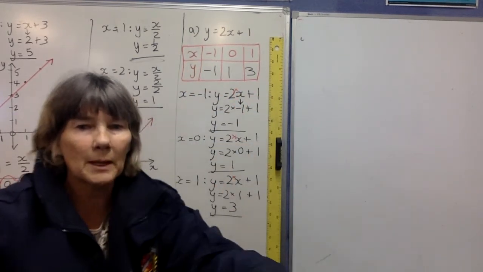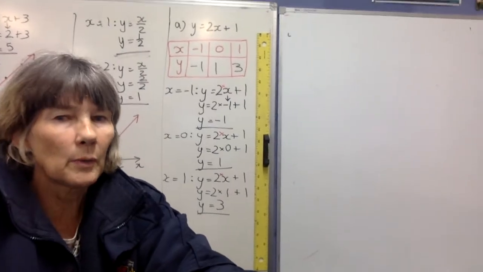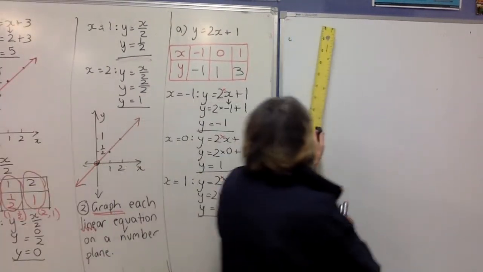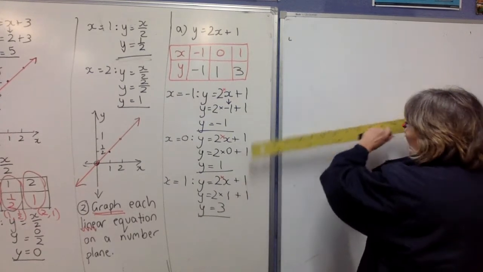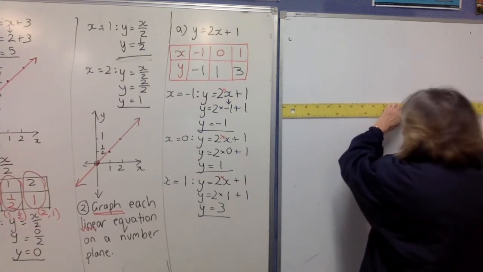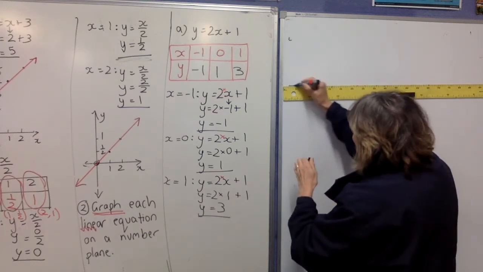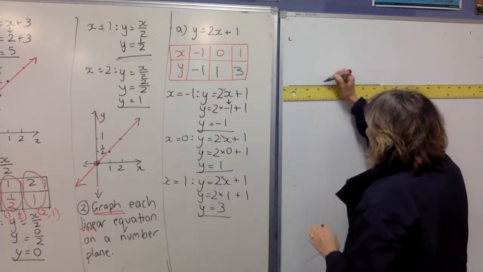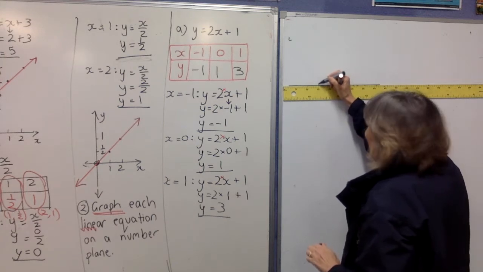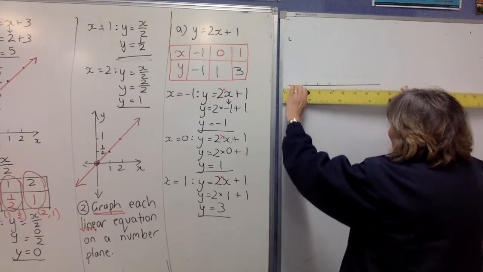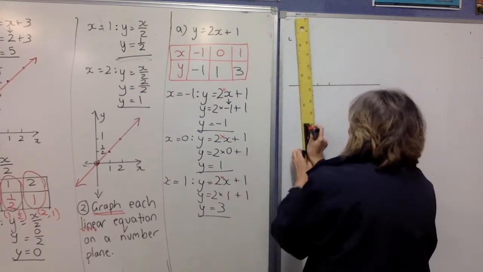Okay, so we're going to make sure that we have a number plane drawn up so that we can cope with all the numbers that we need. All right, so the x's, we're going to go from -1 to 1. So not very far. I'm going to make this 0 here in the middle, -1 and 1. So I'm going to draw my line for y straight through here.